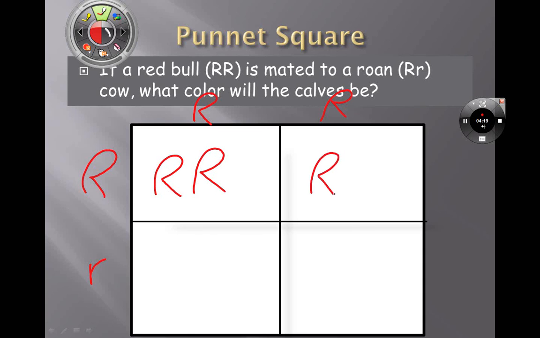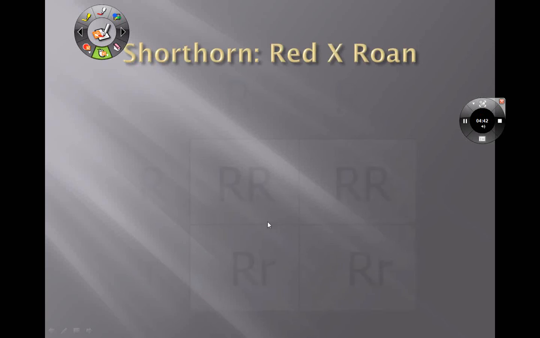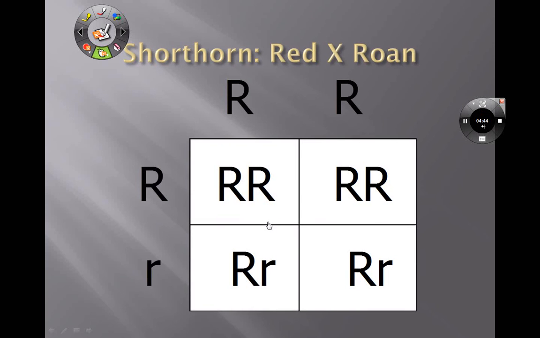Looks like I have two capital R's there. Looks like I've got a capital R and a lowercase r, and same way here, capital R and lowercase r. So in this particular case, the ones that have the capital R and lowercase r will be the new hybrids. There it is.